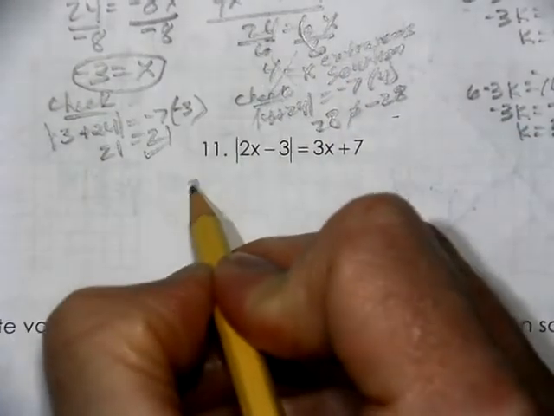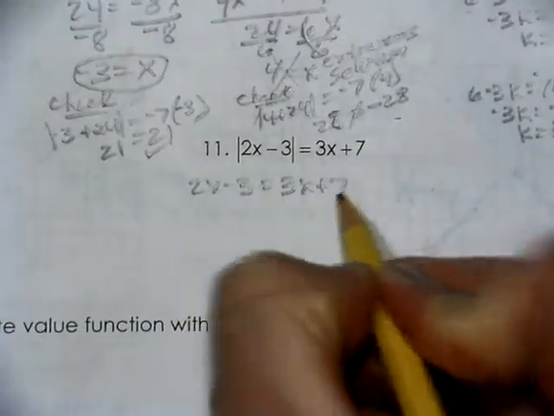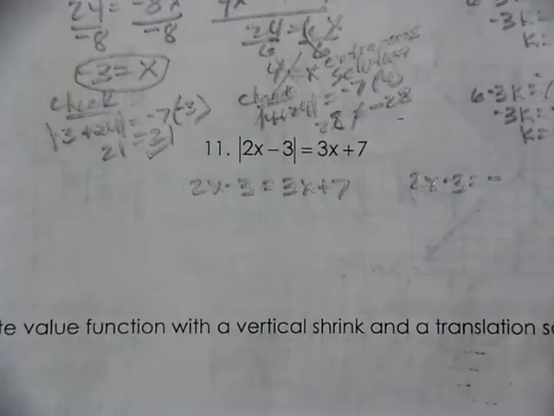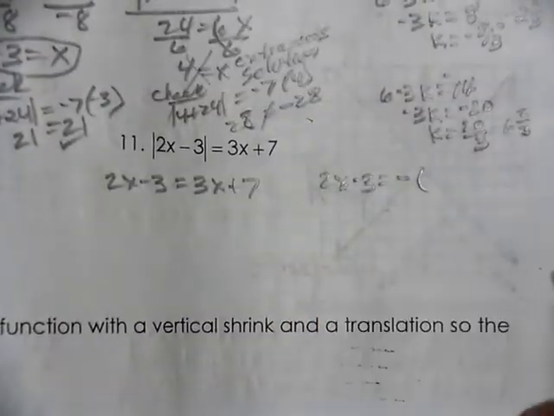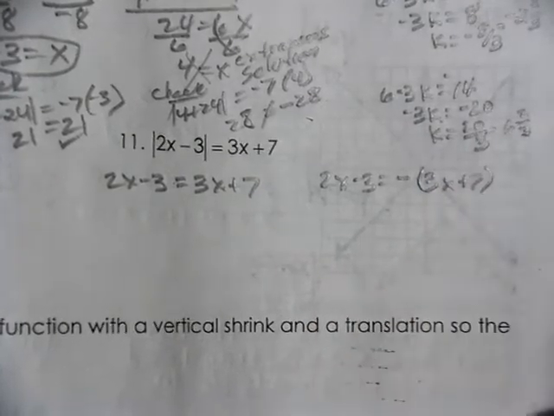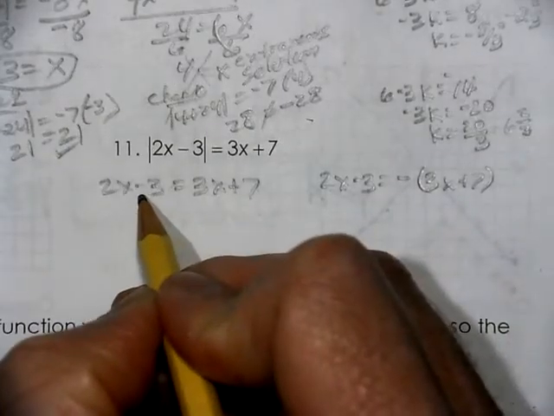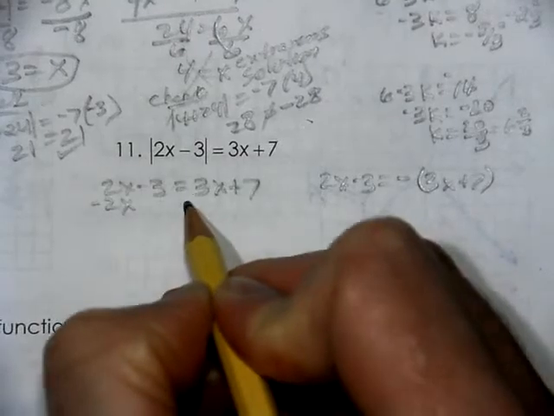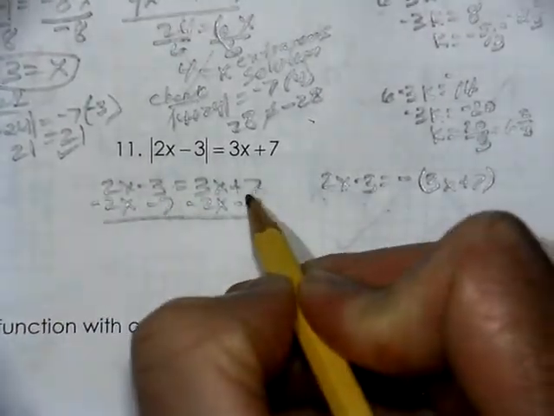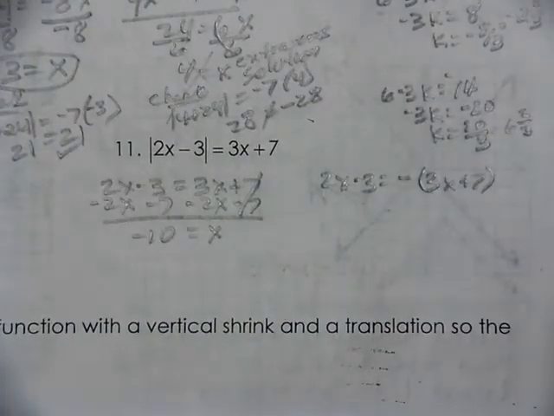This next one, we take the 2x minus 3 and equal it to 3x plus 7. We take the 2x minus 3 and equal it to the opposite of, you got to use parentheses, 3x plus 7. So we will subtract the 2x. We'll subtract the 7. So we get x equals negative 10.